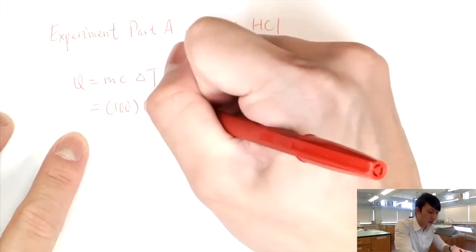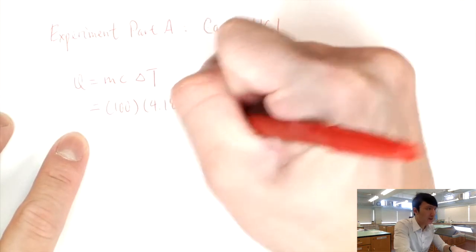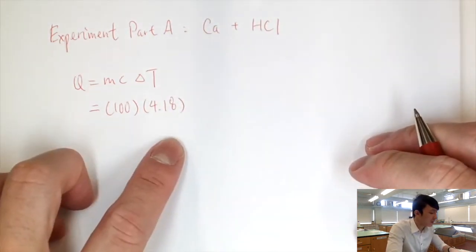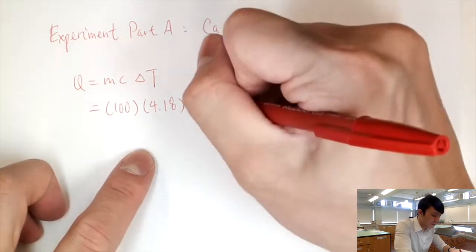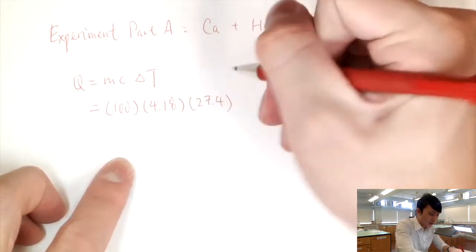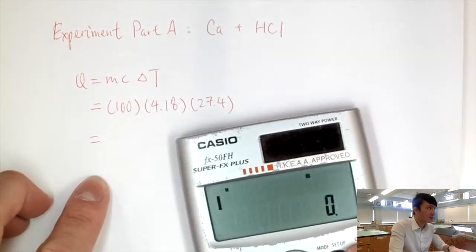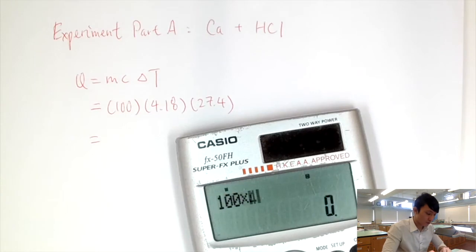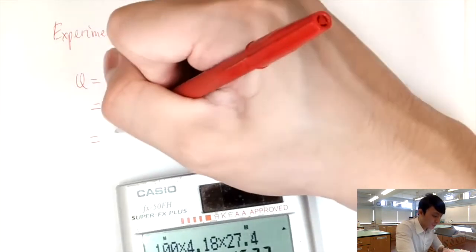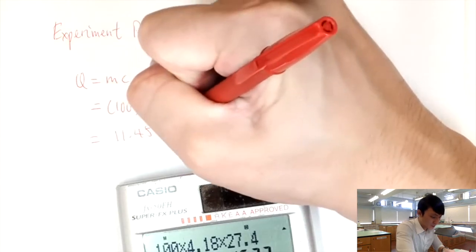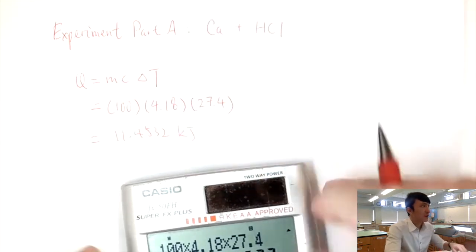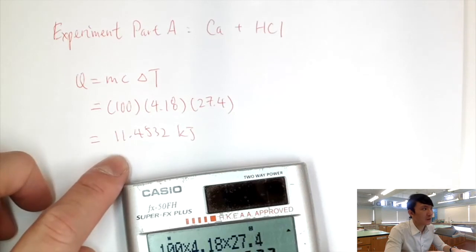For c, here we will use 4.18. For delta T, what we have registered is 27.4. So you tap your calculator, and you will have 11.4532 kilojoule.